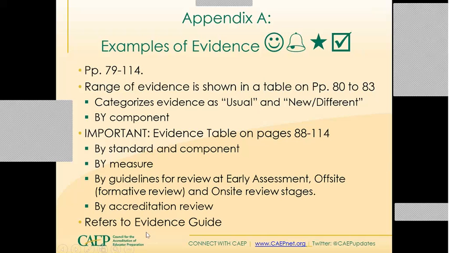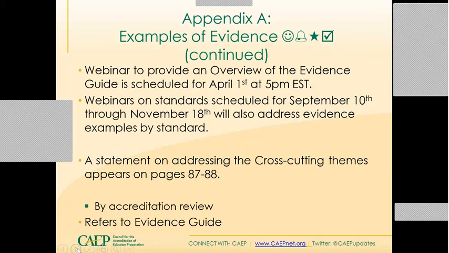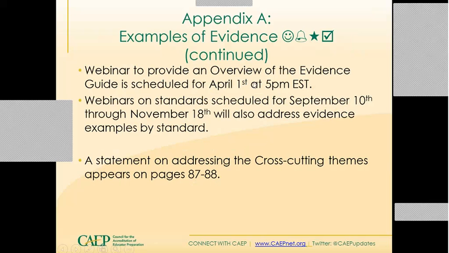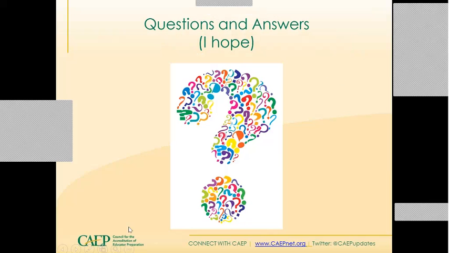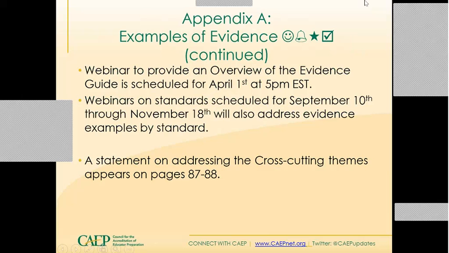And our next webinar, which is scheduled for April 1st at 5 p.m., will provide an overview of the evidence guide. So we'll look at that very carefully. Again, the webinars on each one of the standards that will occur from September 10th through September 18th will also address these evidence examples, standard by standard.